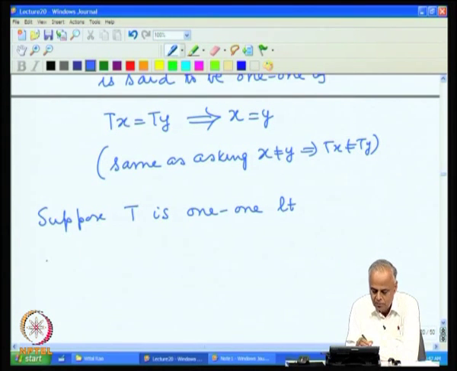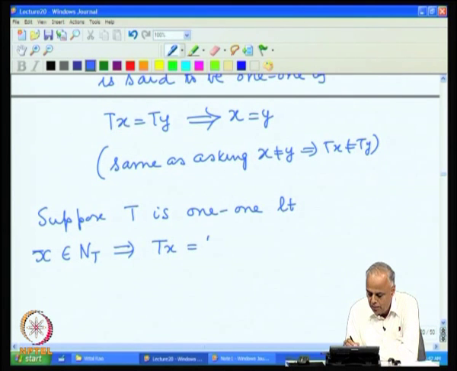Let us now look at how the null space of T looks. So, we have x belongs to the null space of T implies T x equal to theta W, because something gets qualified to be in the null space of T only when it gets mapped to the 0 vector.